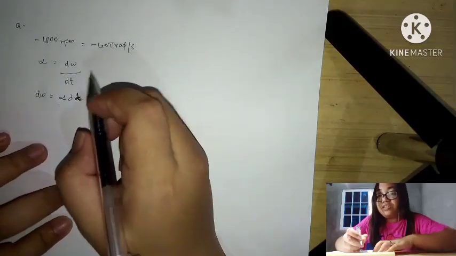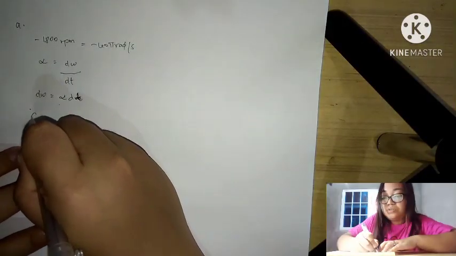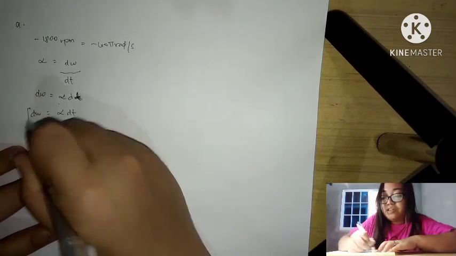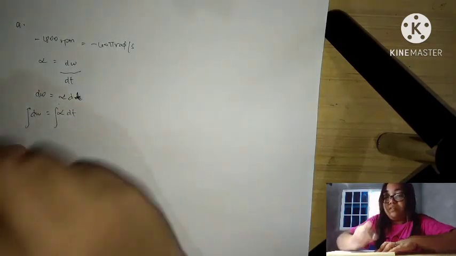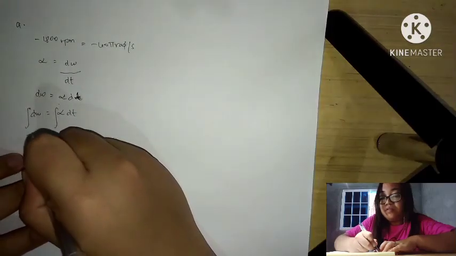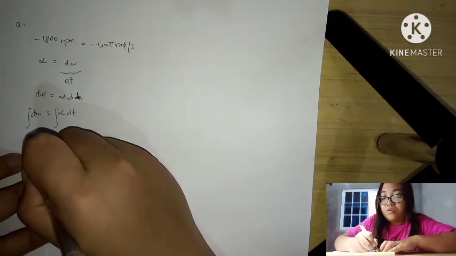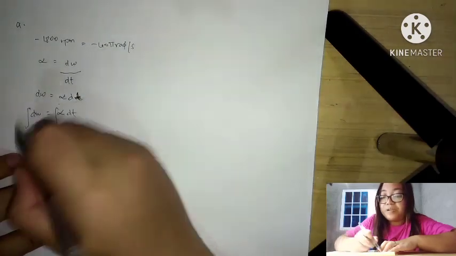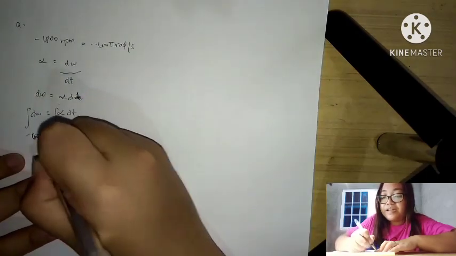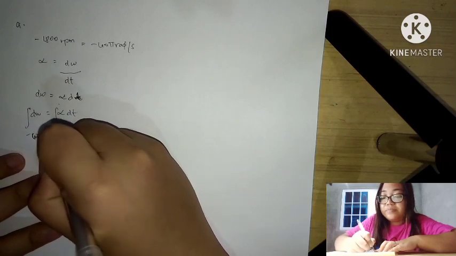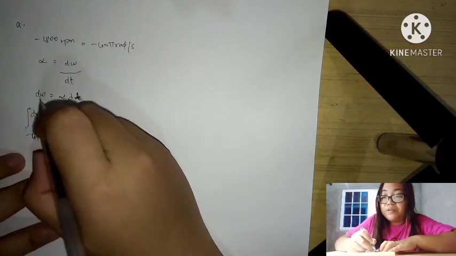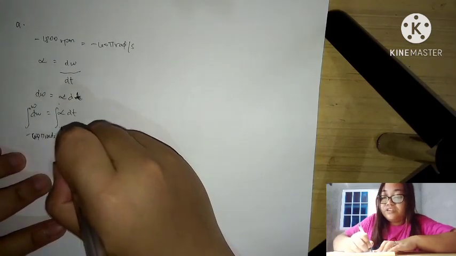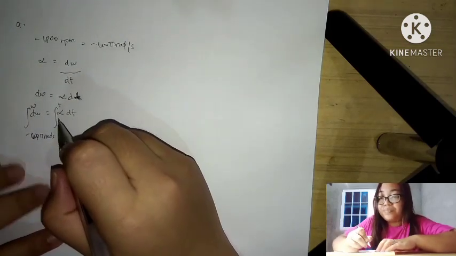Saka, i-substitute natin. Integrate natin yan. Then, negative 60 pi rad per second with the limit of omega. Then, dito naman, 0 to t.